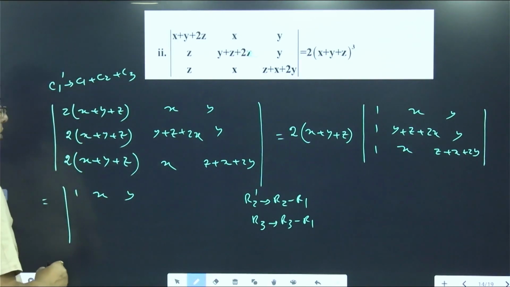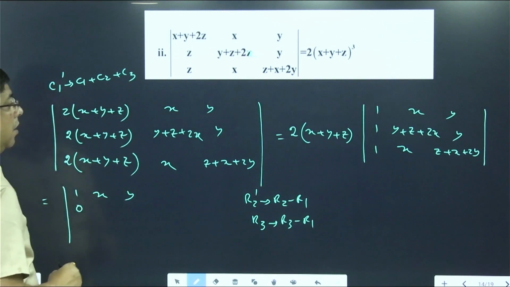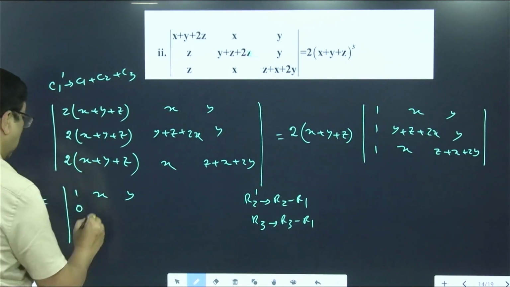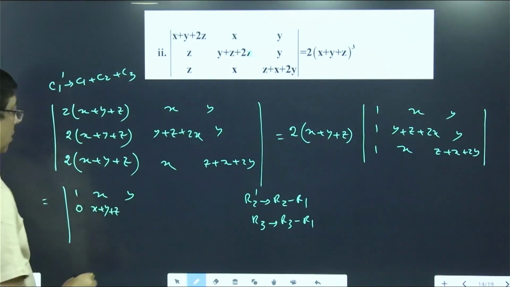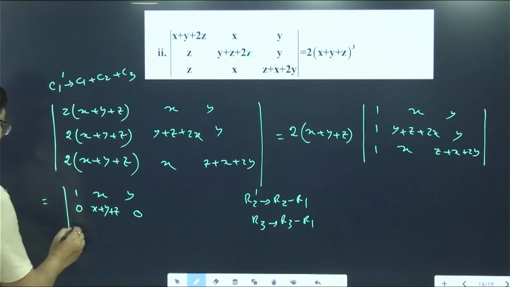So in this case, on R2, R2 minus R1, that is 0, and y plus z plus 2x minus x, that is x plus y plus z, and 0. Similarly on R3, R3 minus R1, it is coming 1 minus 1, 0.